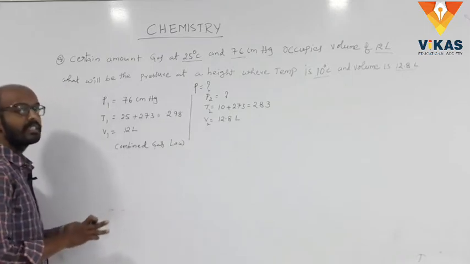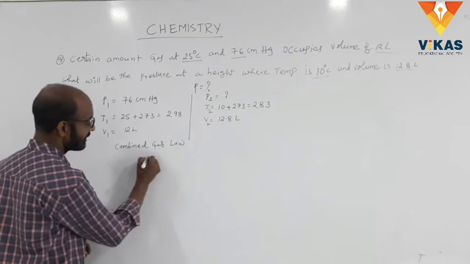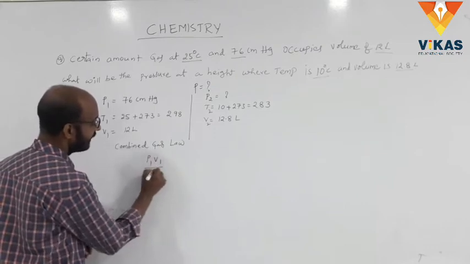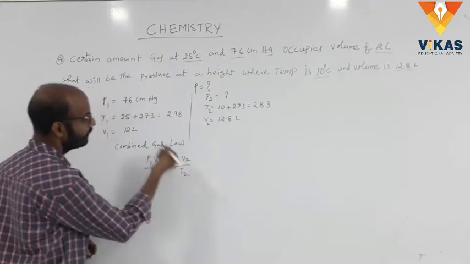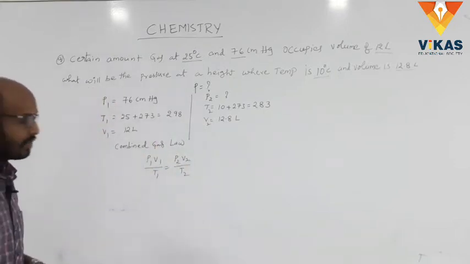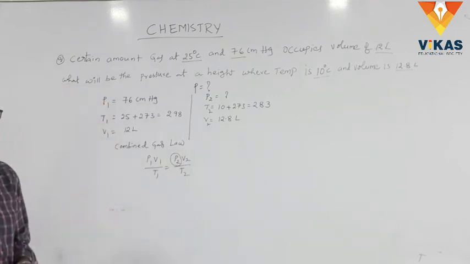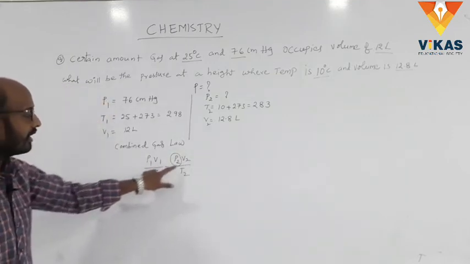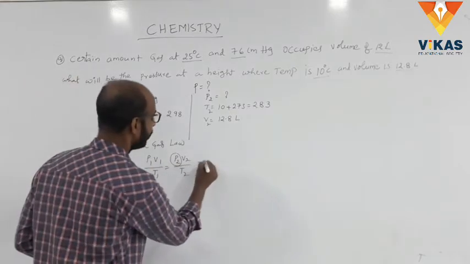Already we discussed it in the last classes: P1 V1 by T1 is equal to P2 V2 by T2. This is the combined gas law. So we calculate the P2.